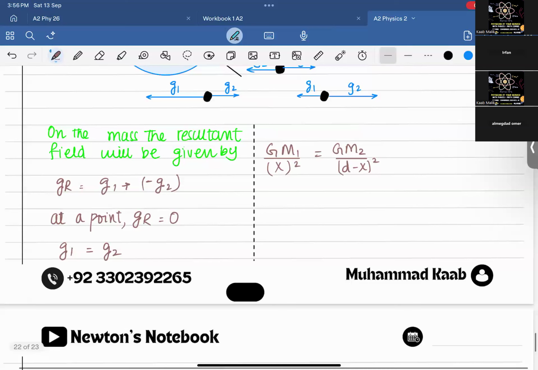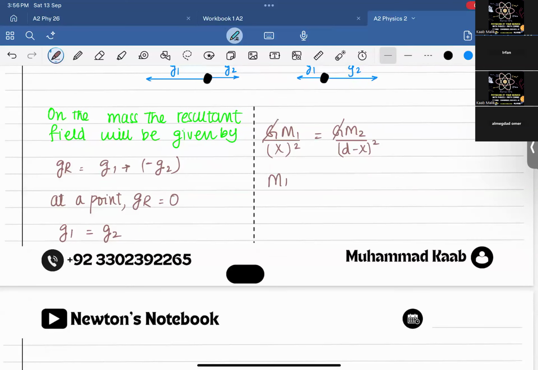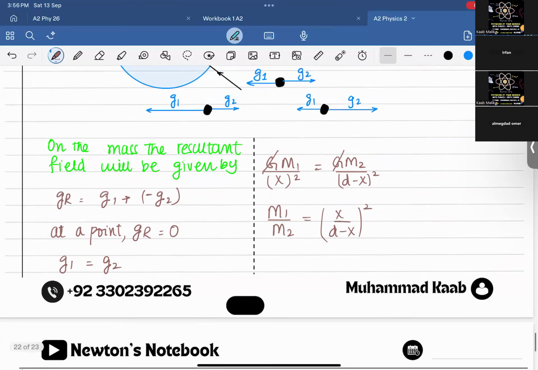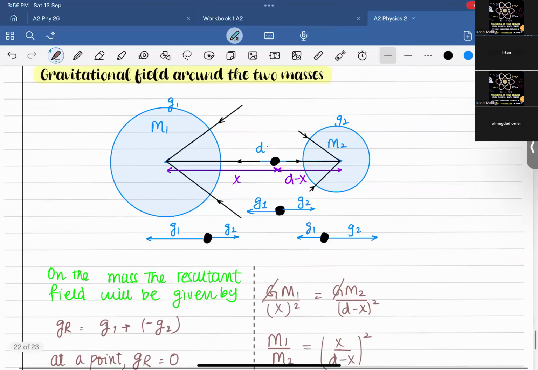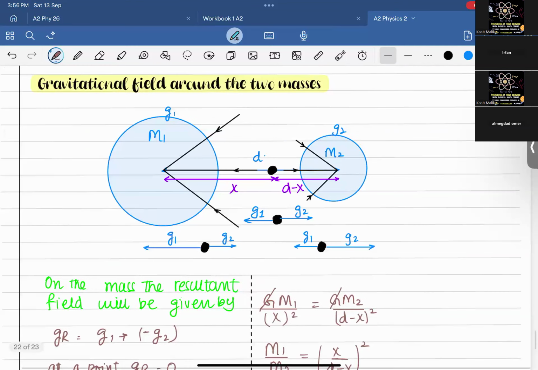Now you can cancel the G out, and make M1 over M2 the subject, equal to x over (d minus x), all squared. So this is how you can solve it, and you can solve it further if you want.